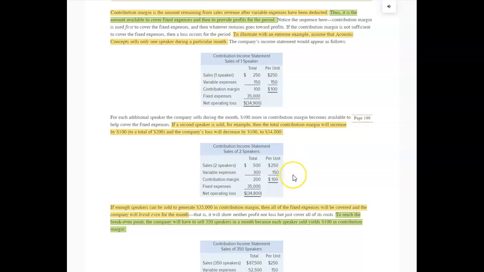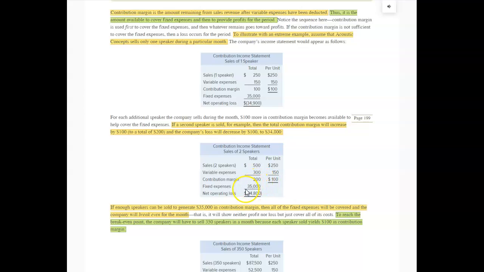Let's take another extreme example and say we sell 2 speakers. So we sell 2 speakers at $250 each. Revenue is $500. Variable expenses, 2 speakers times $150, $300. Subtract, our contribution margin is now $100 more. So if we have $100 for 1 unit, then we have $200 contribution margin for 2 units.